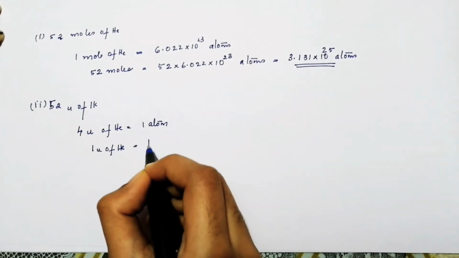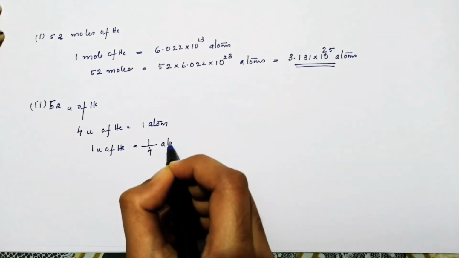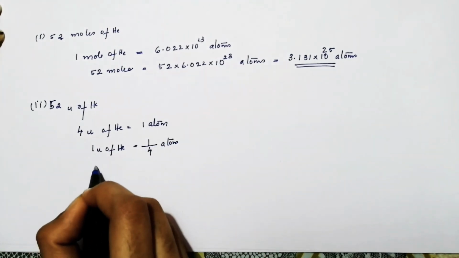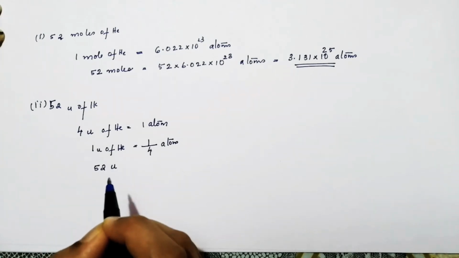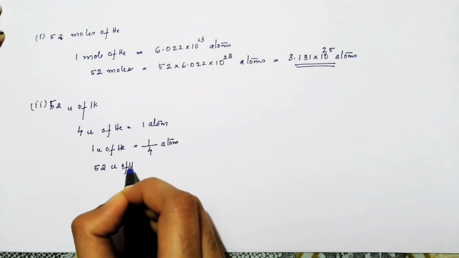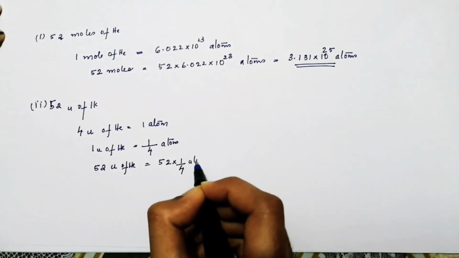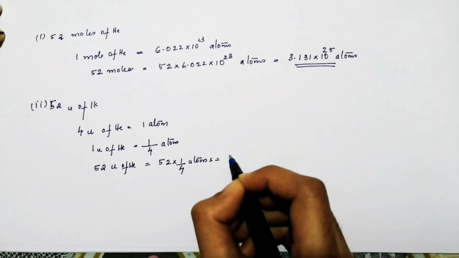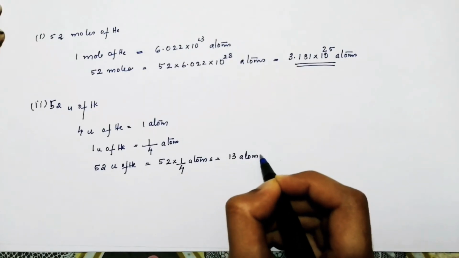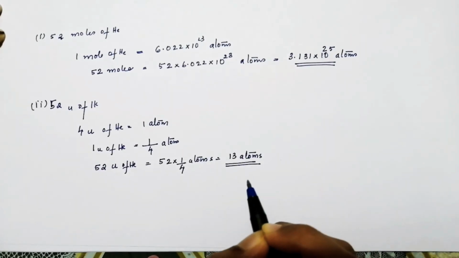We do the division, that is 1 by 4 atom. Now in the question we are asked to calculate for 52 atomic mass unit of helium, that is 52 into 1 by 4 atoms. Solving this we get 13 atoms. So this is the answer for the second question.